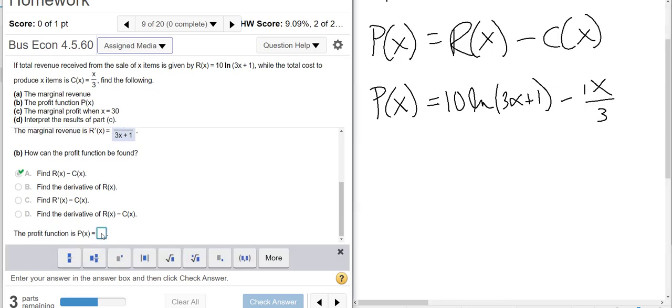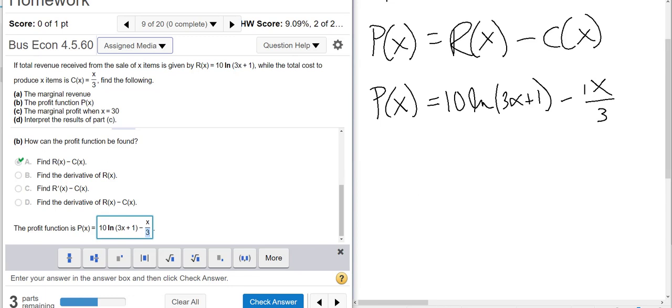That's our profit function. You don't have to worry about doing any kind of simplification. Just type it in just like that. And the reason I put the 1 there is we're going to take the derivative of that guy, and you need to know that there's a 1 there, but you can write it x over 3.